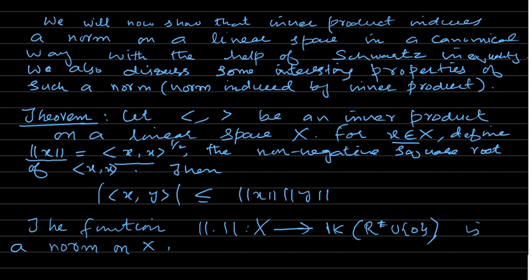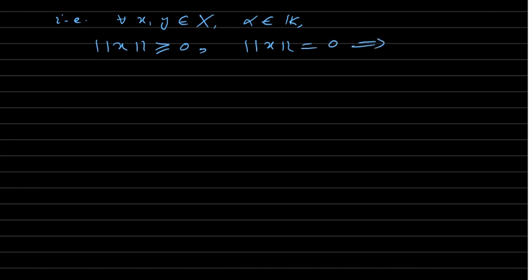That is, for all x, y in X and alpha in the scalar field K, we have norm x is greater or equal to 0, norm x is equal to 0 if and only if x is equal to 0, and norm of x plus y is less or equal to norm x plus norm y. You have to check these properties.